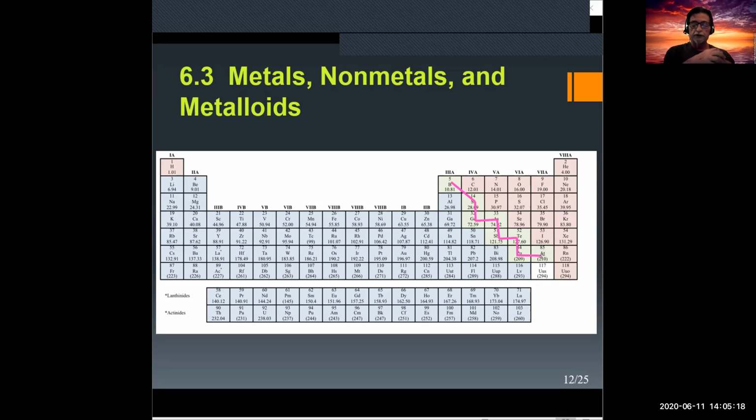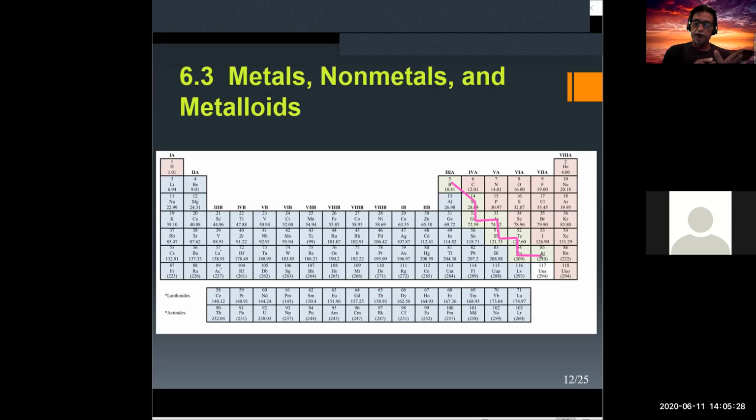Okay, it forms a little stair step. Those that are highlighted are the metalloids. Everything to the left of those metalloids are metals, so they're the ones in the darker light blue colors. And everything to the right are nonmetals.